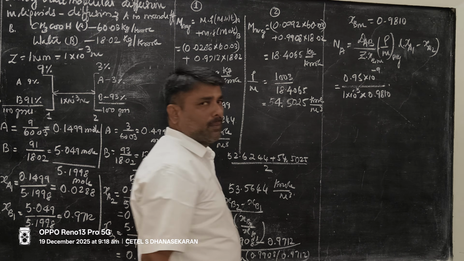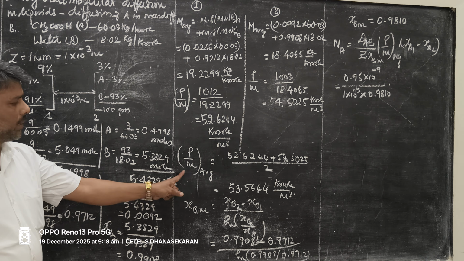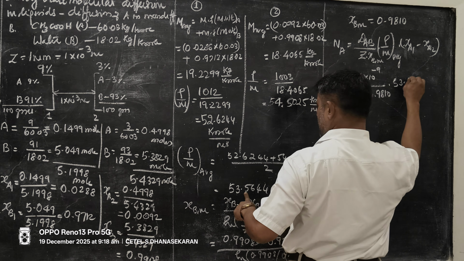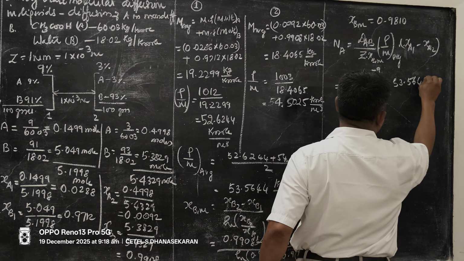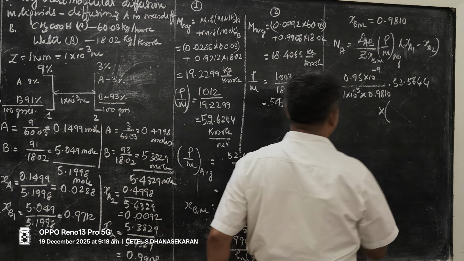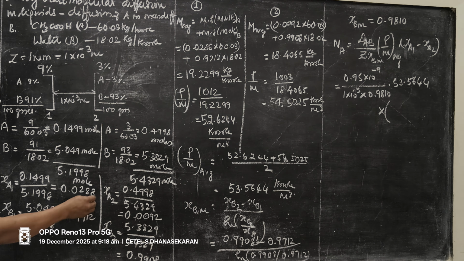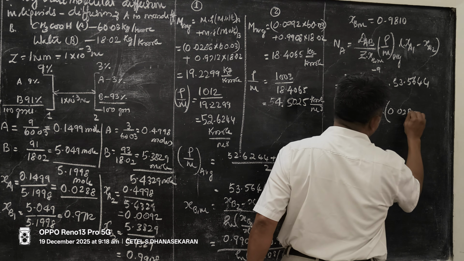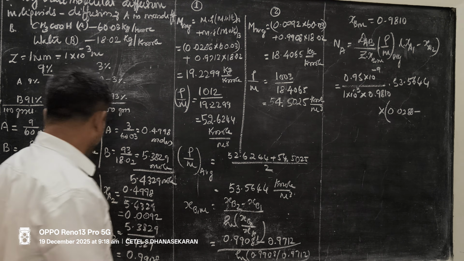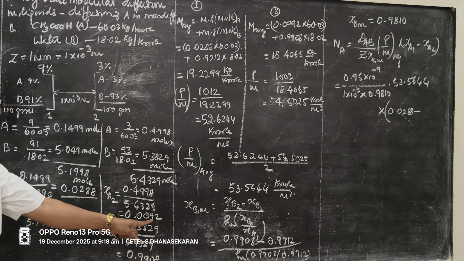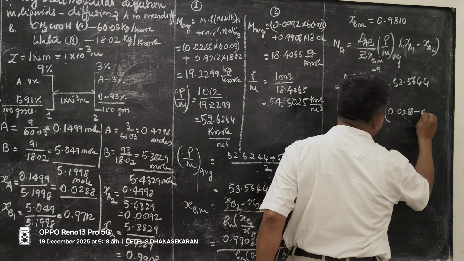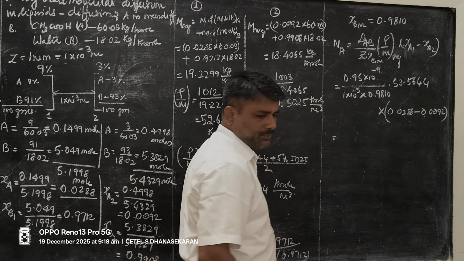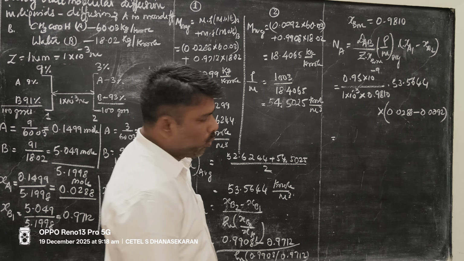Then rho divided by M average value, 53.5644, into XA1 minus XA2, that is 0.0288 minus 0.0092.